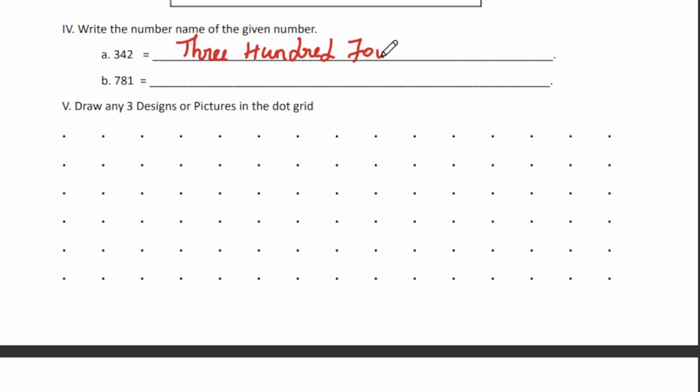Next we have 781. So we have to write 781.